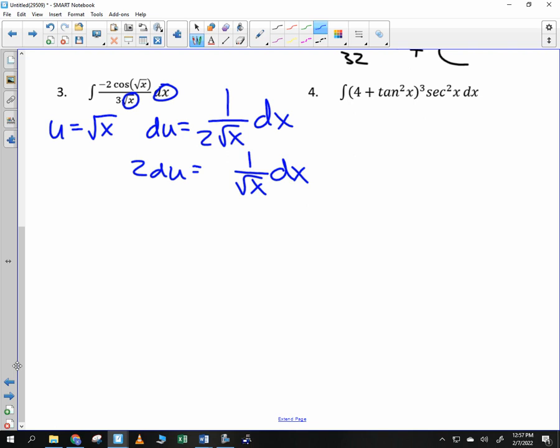I have negative 2 over 3 over the root of x. Now multiply by negative 2/3 and you get negative 4/3 du is equal to negative 2 over 3 roots of x dx. So I just played my game with my multipliers.